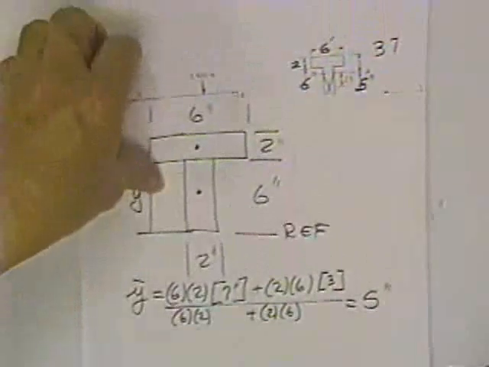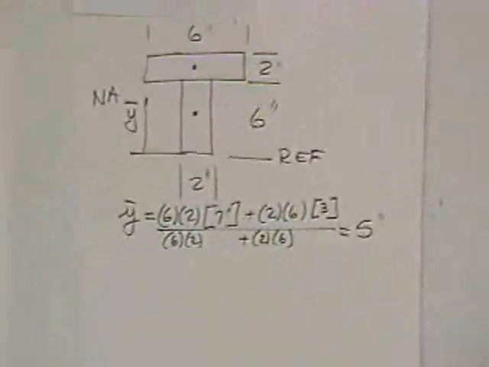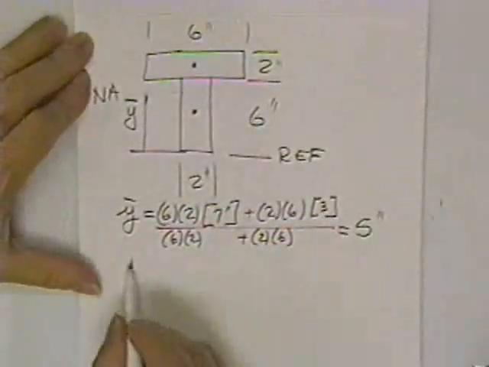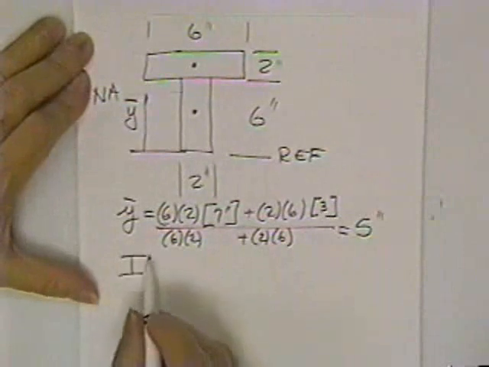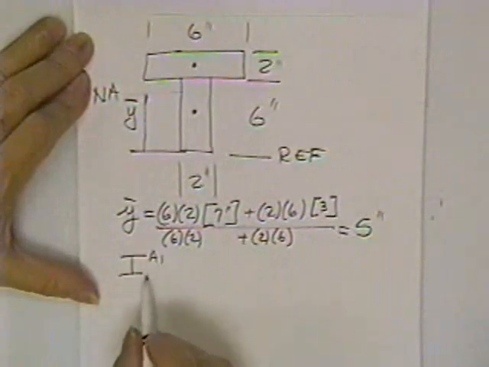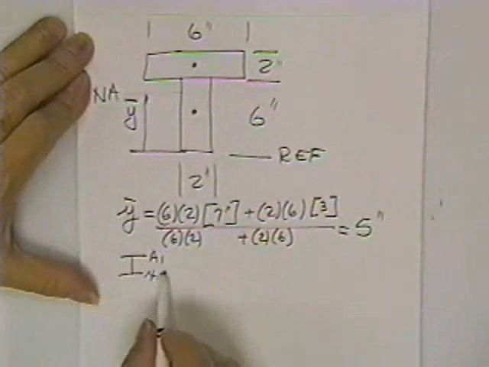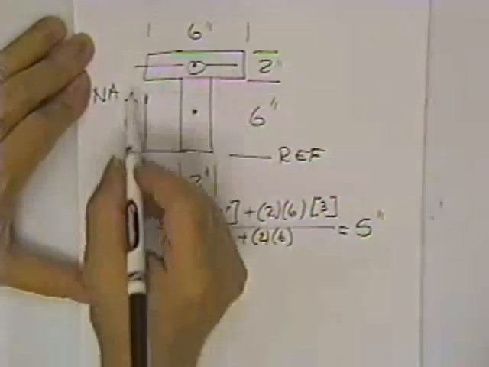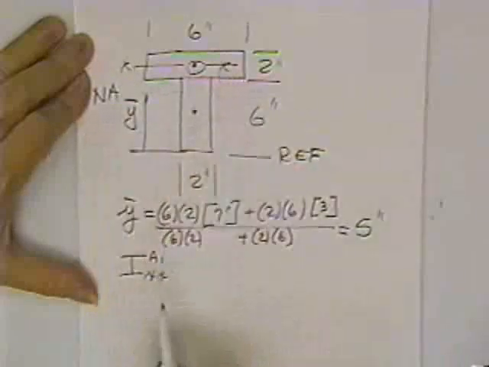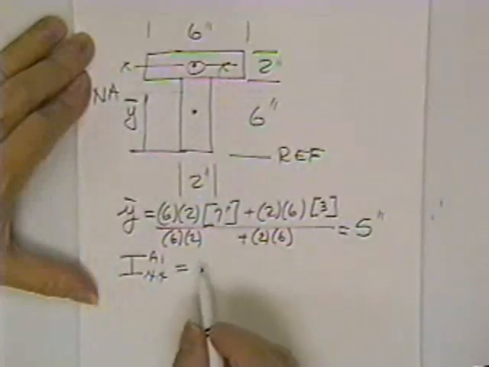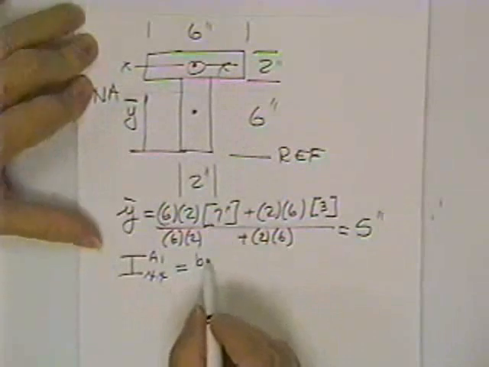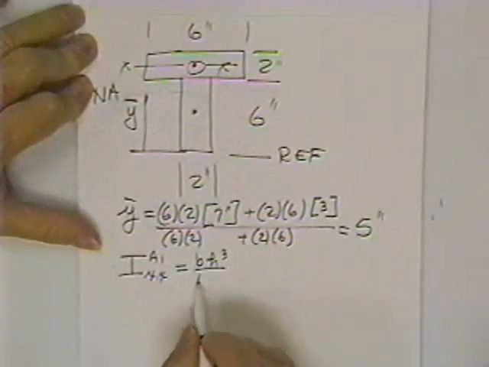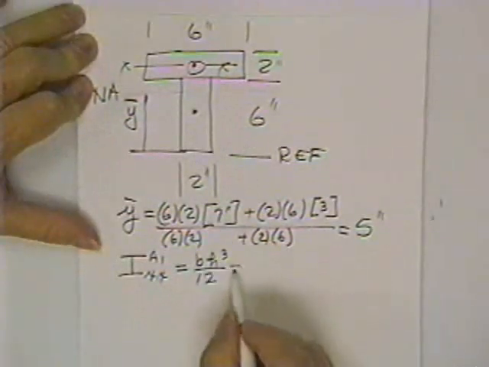Now he has not told us the moment of inertia, so we'll calculate the moment of inertia. First, we get a moment of inertia for the top piece about his own x-axis. Just because he's here, he has a moment of inertia about his own personal x-axis. You look in your reference manual, that would be given by bh cubed over 12.